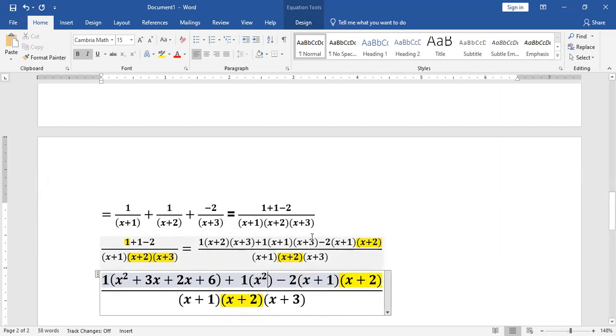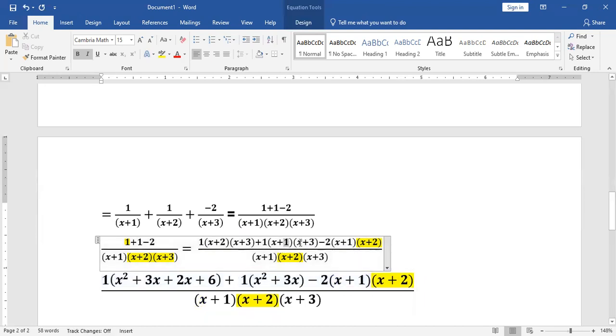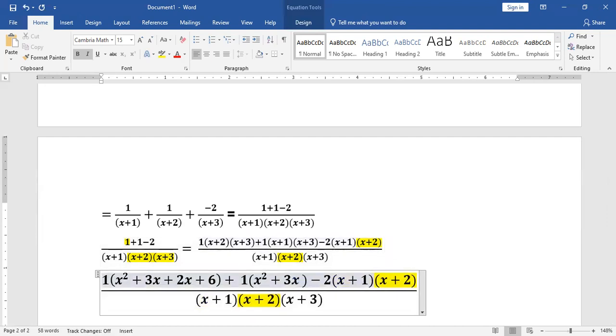And then x multiplied by 3, that will be plus 3x. And then I shift to 1 here. 1 multiplied by x, that shall be x, or others will call it 1x. Then 1 multiplied by 3, that shall be 3.